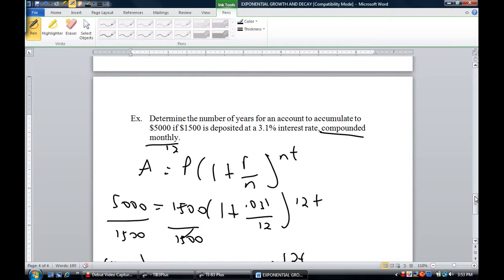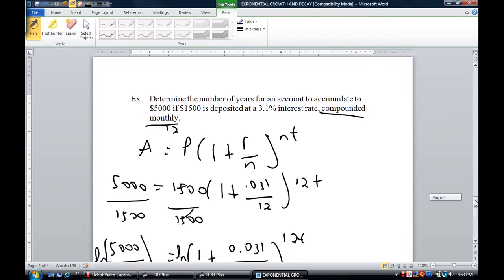Make sure that's what the problem was asking. Yep, number of years. You should know by now when you're doing compound interest problems and trying to find out how much money you're going to make, $1,500 is a small amount, 3.1% interest rate is a low rate, and monthly is standard, and it's not very quick. So it's going to take a long time for 1,500 to become 5,000.